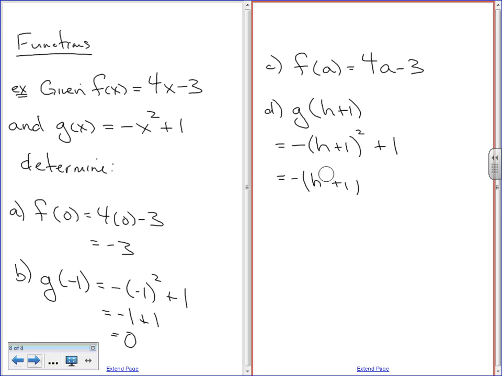So remember that there's going to be that middle term, because h plus 1 squared means h plus 1 times h plus 1, which is really h squared plus 2h plus 1. And those are the type of things that are going to bring your marks down on tests. It's not your knowledge. It's you're going quickly and you're trying to rush. Okay. Distribute the negative through. Simplify.